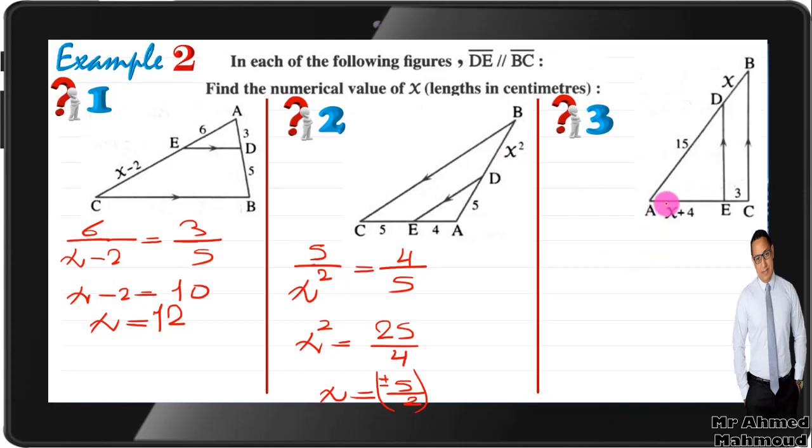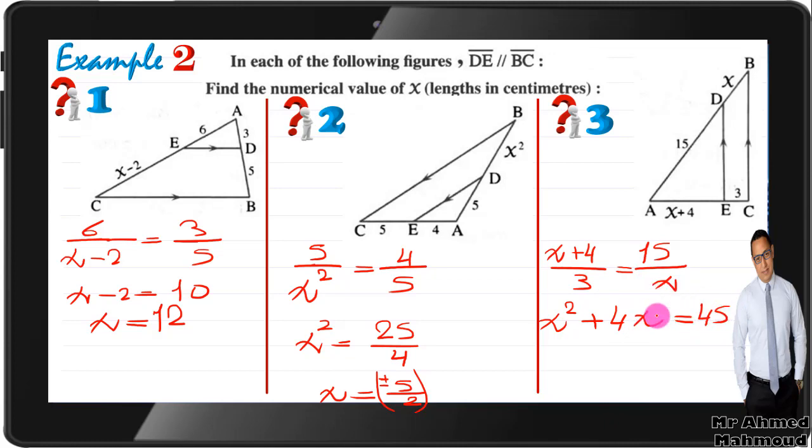Here DE is parallel to BC, so x plus 4 over 3 equals 15 over x. By cross multiplication, x times x plus 4 equals 15 times 3. So x squared plus 4x equals 45.